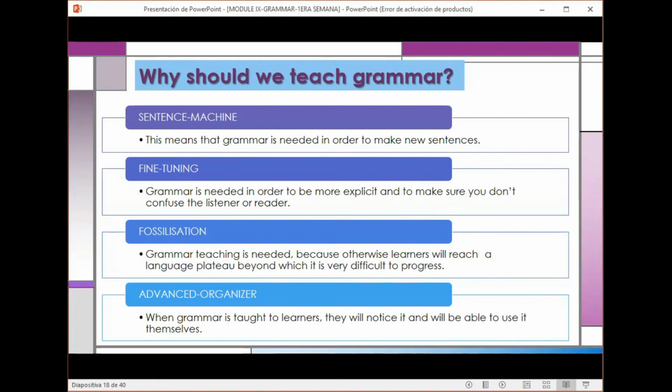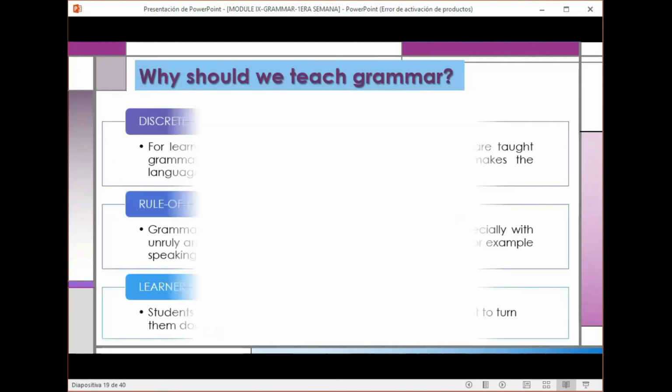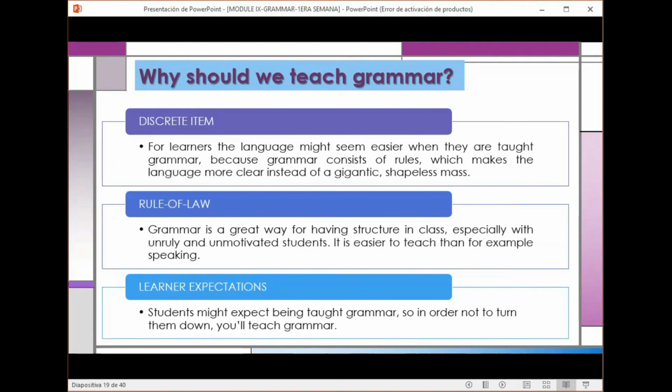Or they can be motivated if they notice they are learning some structures and patterns and are able to use them. Another is that some students consider grammar easier to learn than other aspects of the language. And the last one is that students might expect to be taught grammar, so we teach them grammar. All right, these are the important aspects of why we should teach grammar.